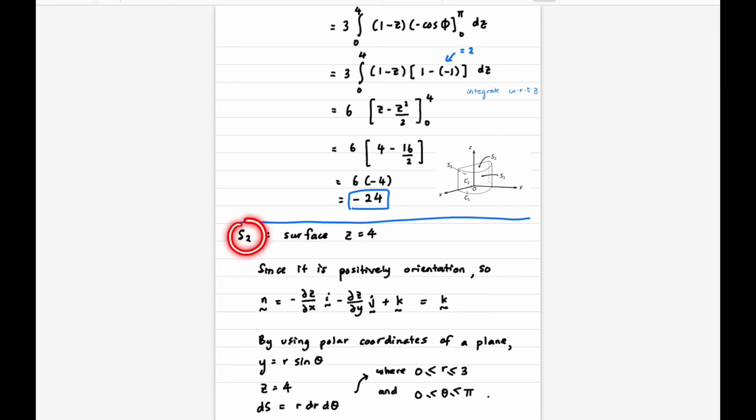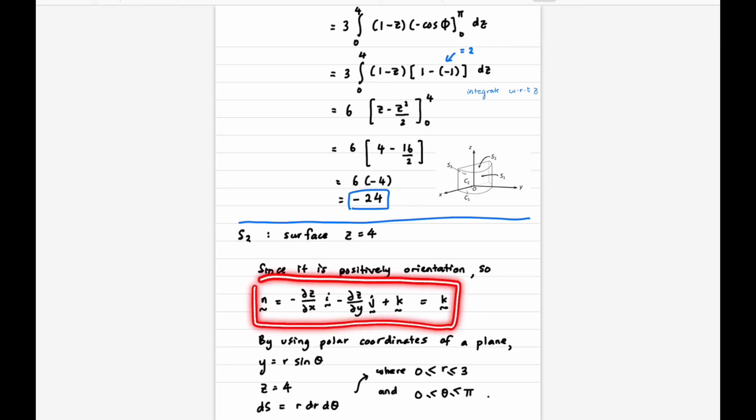For the second surface S2, the surface z equal to 4. Here z is equal to 4. Since it is positively oriented, we just use this formula, this formula for n from the table. So you will get your n is equal to k.